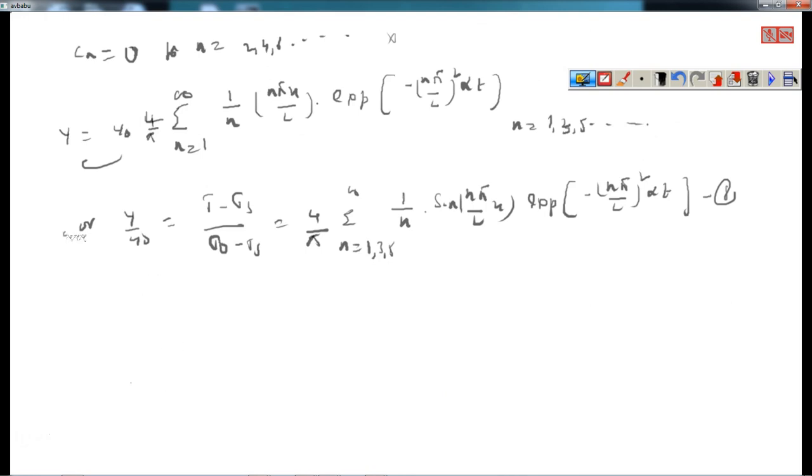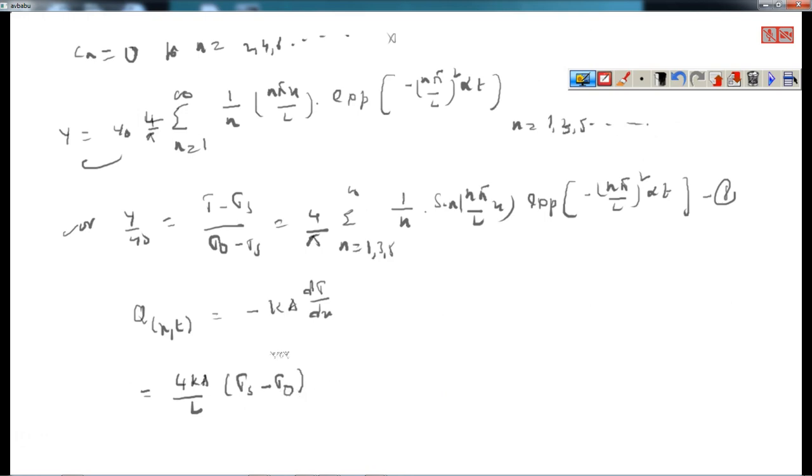Now once you know this, if I want to calculate heat transfer, Q, the heat transfer with respect to the x direction and time t, it is defined as minus KA dT by dx. If I differentiate the equation, I am going to get 4 KA by L into Ts minus T0.